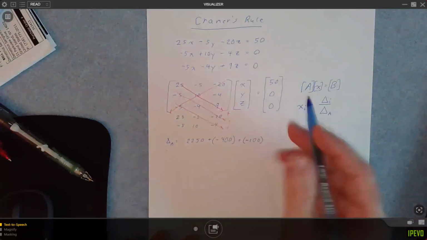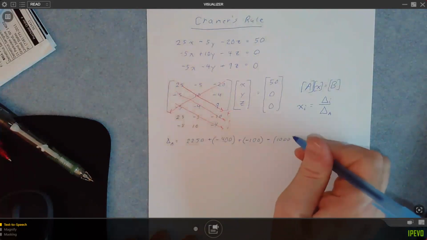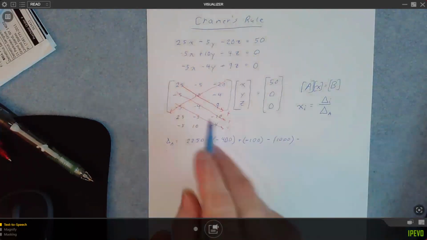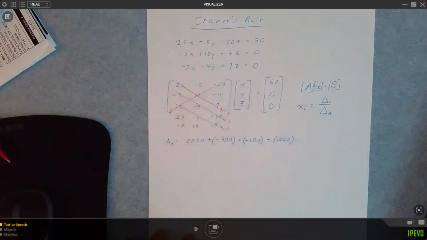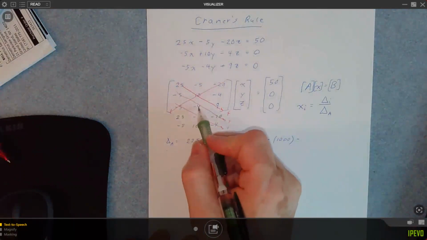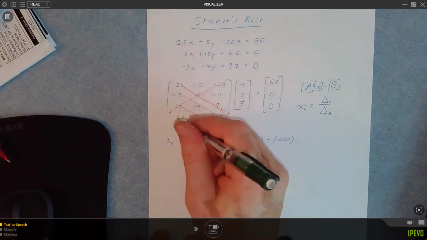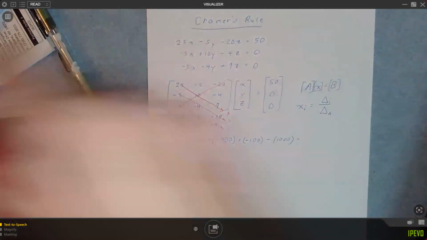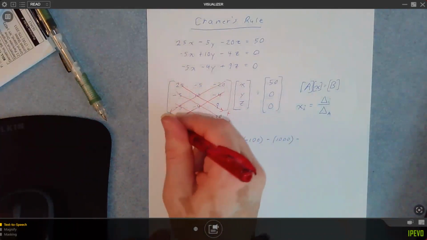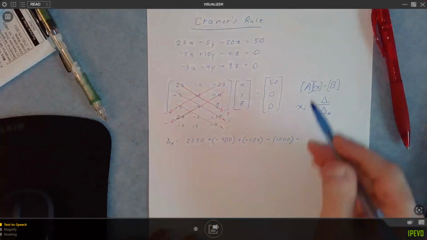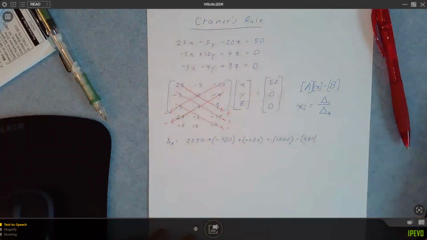So we're going to have a minus 1,000. Then we're going to have another minus: we've got 25 times 4, that gives me 100, but we've got another negative, so it's going to be 400. Oops, let's use red here. What did I say, 400? I'm remembering these numbers.